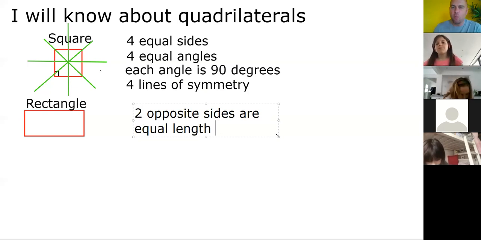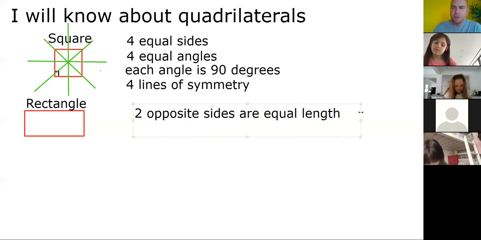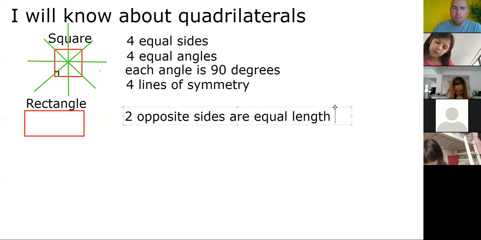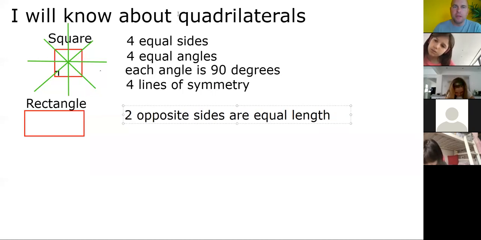I know that's a little bit wordy, but we're just trying to get a little bit more mathematical, but you're right. The 2 equal lengths are opposite each other. You see my lovely green arrow there?